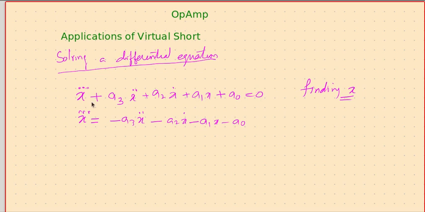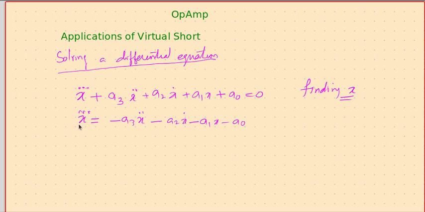Instead of writing it this way, we can write the highest derivative with unit coefficient on the left hand side and rearrange all other terms on the right hand side. That means minus a3 x double dot, minus a2 x dot, minus a1 x, minus a naught.